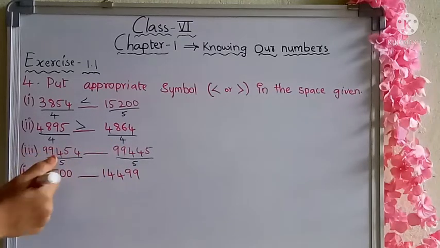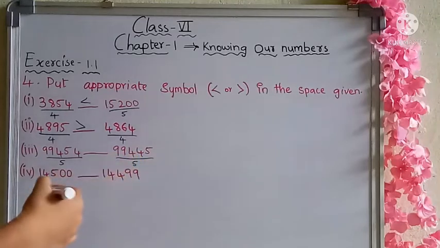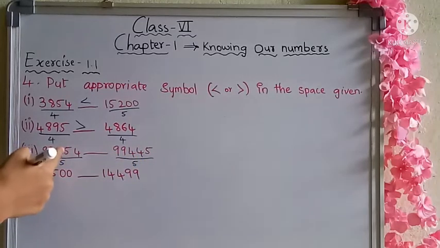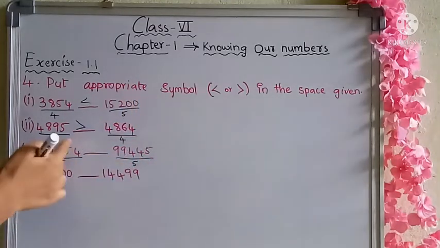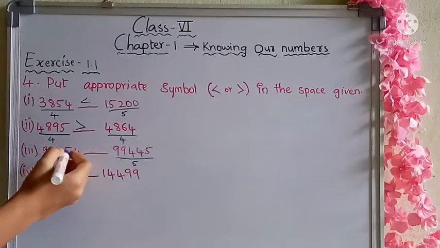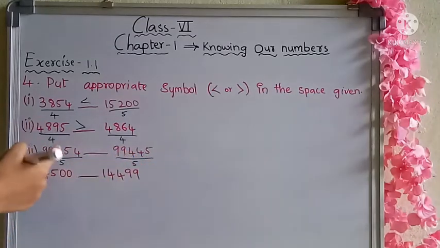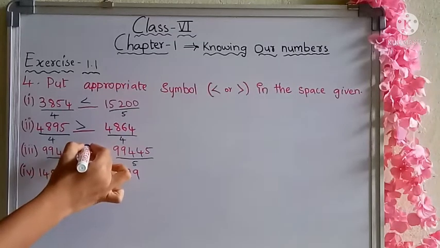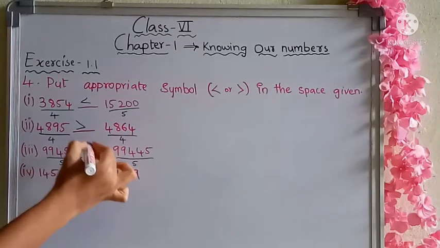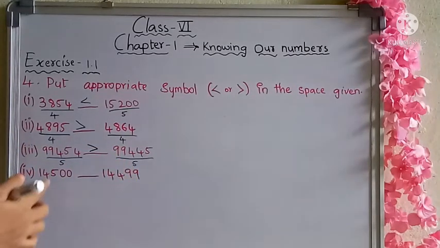And coming to the thousands place, 9 over here and 9 over here, we cannot say. And coming to the hundreds place, 4 and 4, we cannot say. And coming to tens, here 5 is there and 4 is there. So 5 is greater than 4. So we can say that 99,454 is greater.